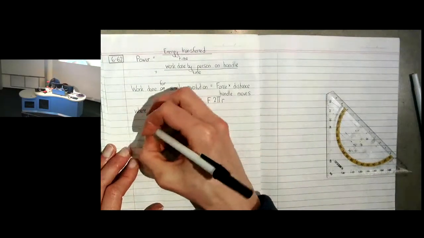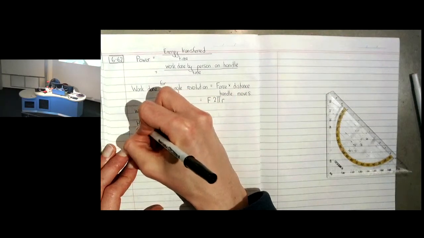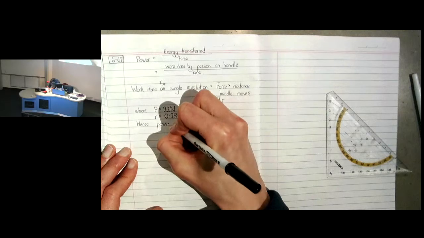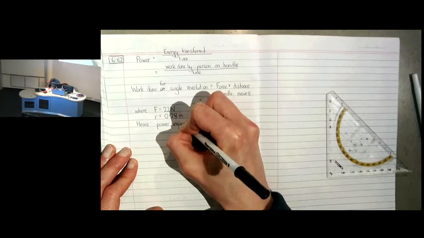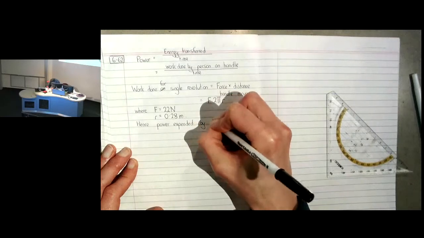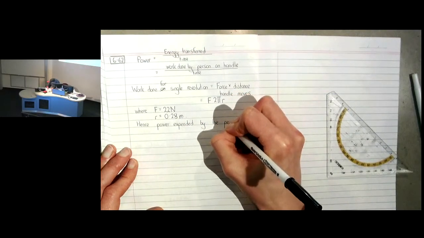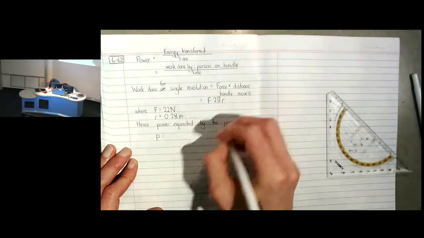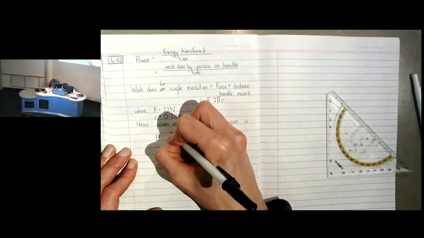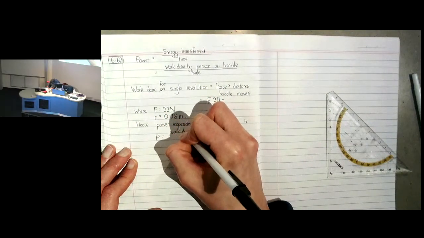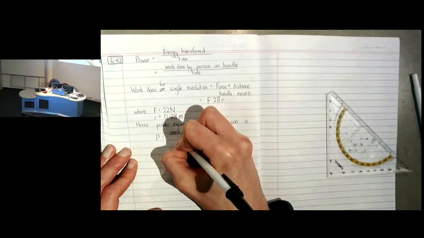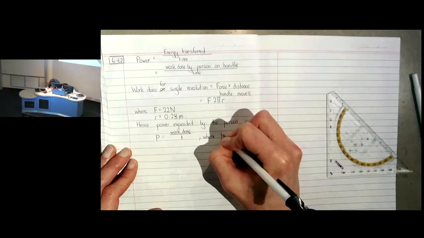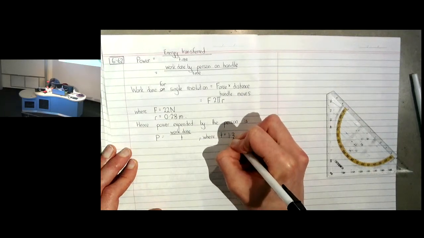And so now we can calculate the power expended by the person. Power is equal to the work divided by the time for a single revolution, where the time is 1.3 seconds.